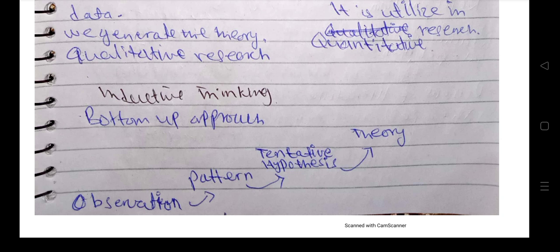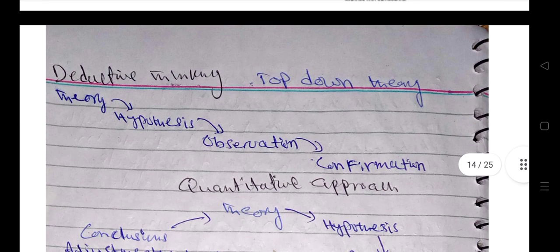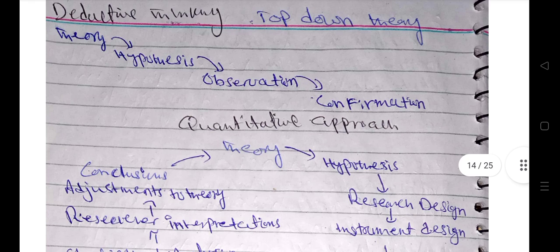These four processes make the research wheel, right? And deductive thinking is also known as the top-down approach, because at the top we have theory with us. In quantitative research, deductive thinking is used, and from that theory we generate a hypothesis, make observations, test that hypothesis, and come to confirm that hypothesis through observation.